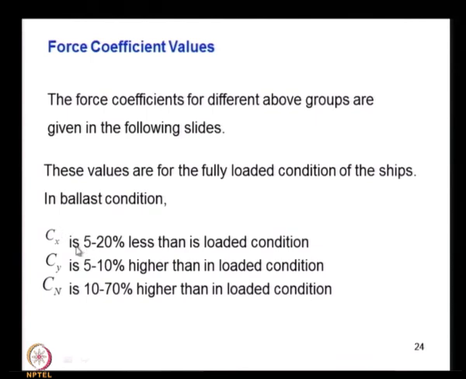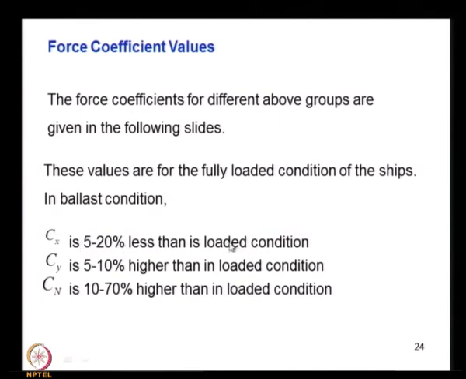What it says is that Cx is 5 to 10% less than the loaded condition. Why is it less? Cx is not the total wind load in x direction, it is the coefficient that comes out less in the ballast condition. That is because the portion which has emerged is more streamlined, is it not?